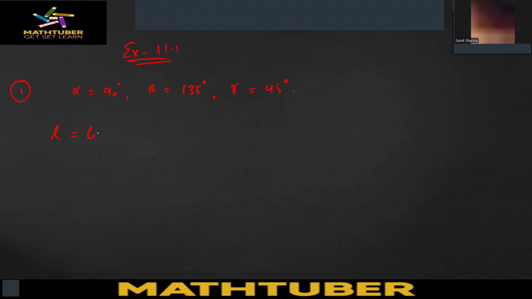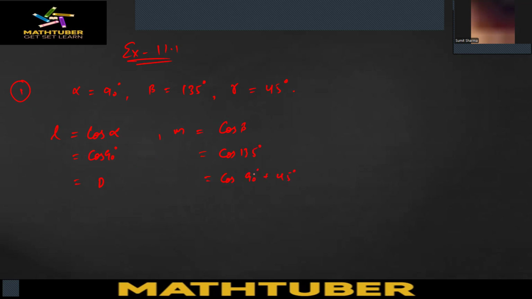We know l is equal to cos alpha, that is cos 90 degrees, which is 0. Similarly, m is cos beta, that is cos 135 degrees. We have to solve it further.